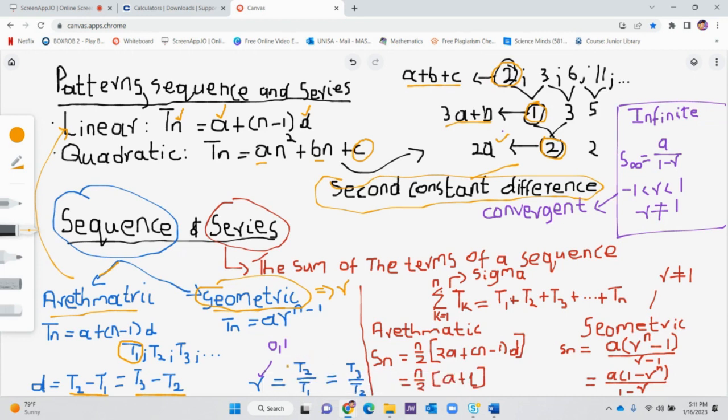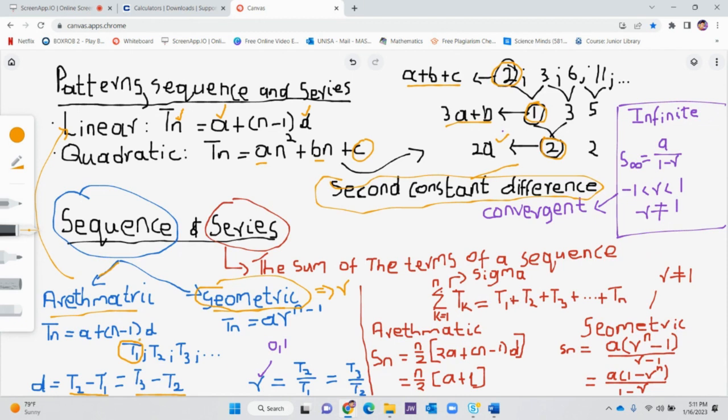You take your second term and divide it by the first term, and then you take your third term and divide it by the second term. If they are equal, then you have your constant ratio.